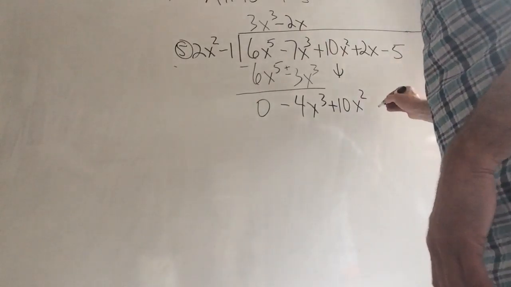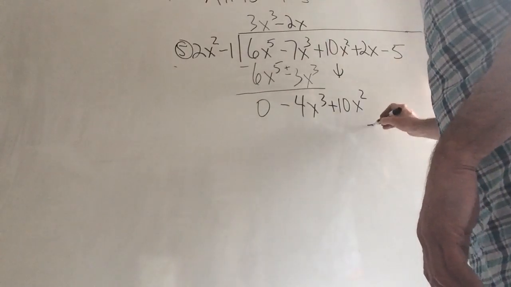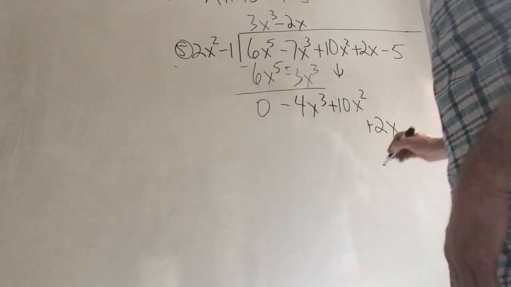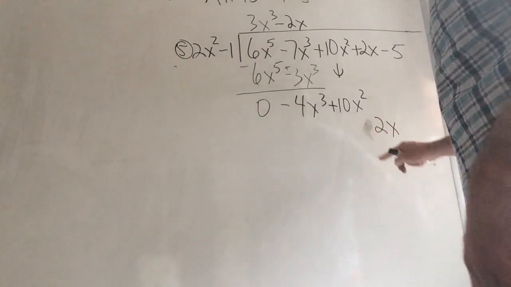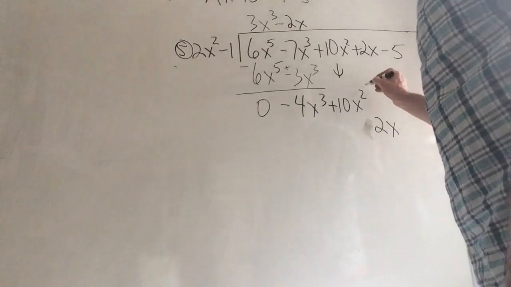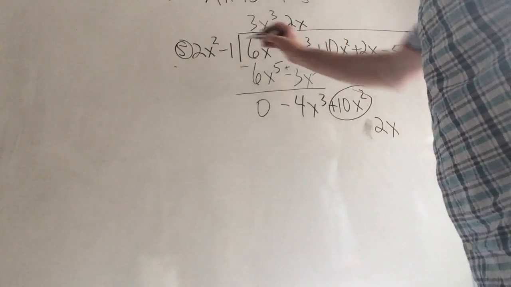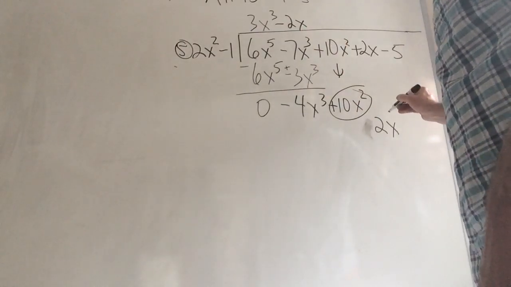Follow it right up, and here's another spot where the kids would slip. So I get positive 2x over here. Let me leave the sign off there. That might be confusing. So here, kids got confused. Okay? But this times this equals that. Okay?